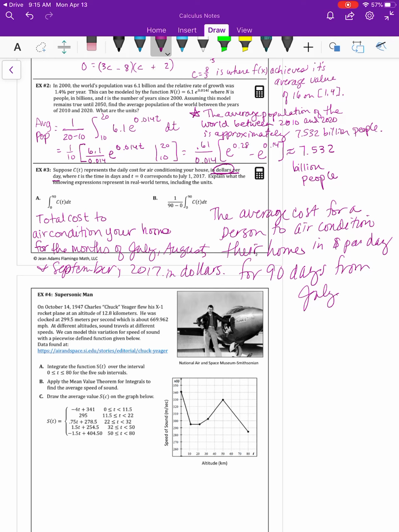Now this piece of it, from 22 to 32, 0.75t plus 278.5 dt. Don't forget your dt. So this is going to give us 0.75 divided by 2 t squared plus 278.5t from 22 to 32.